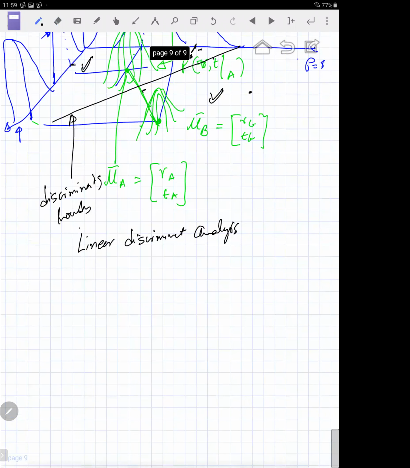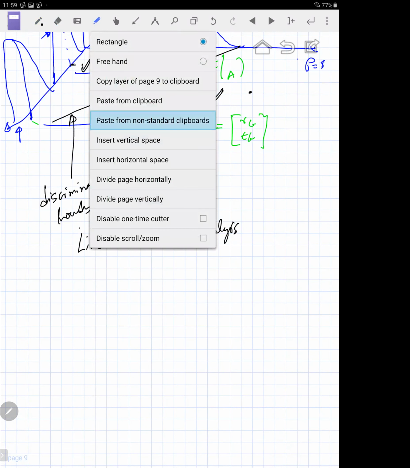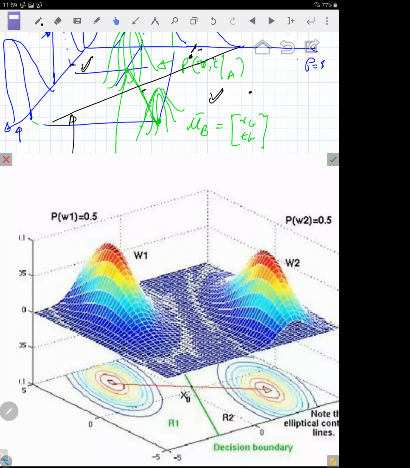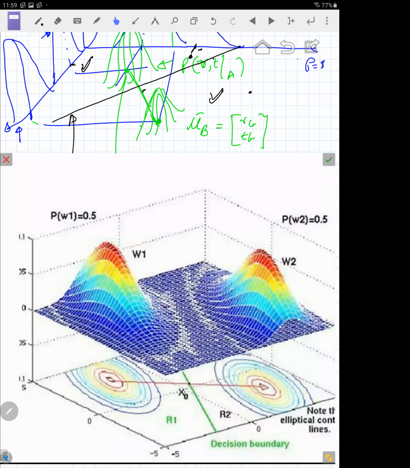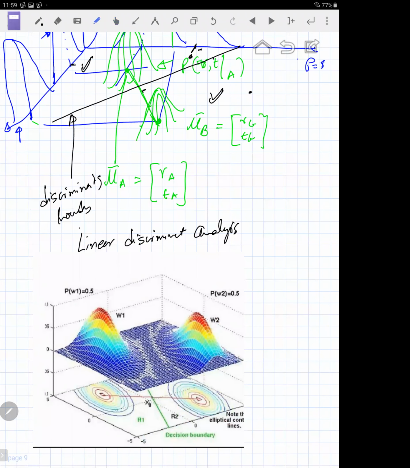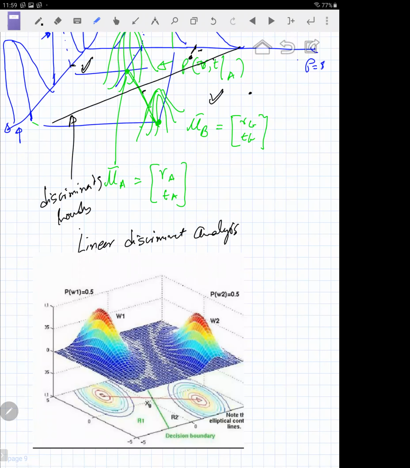Let me see if there's a better picture again. This is a much better picture showing you have two distributions, 1 and 2.